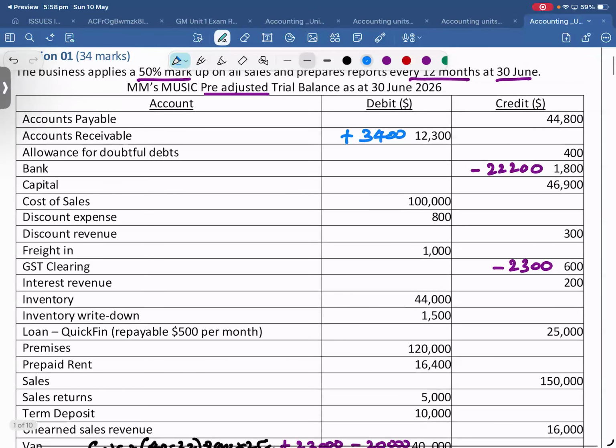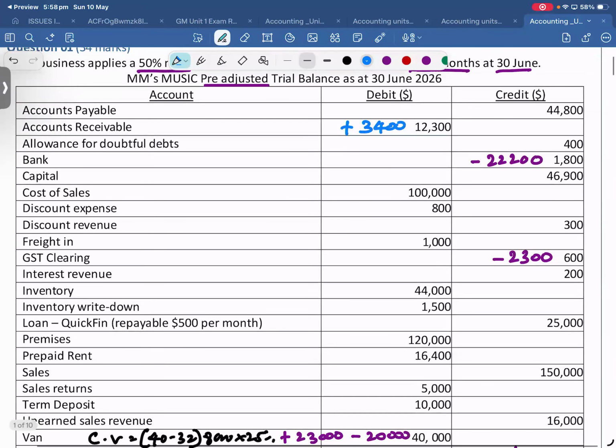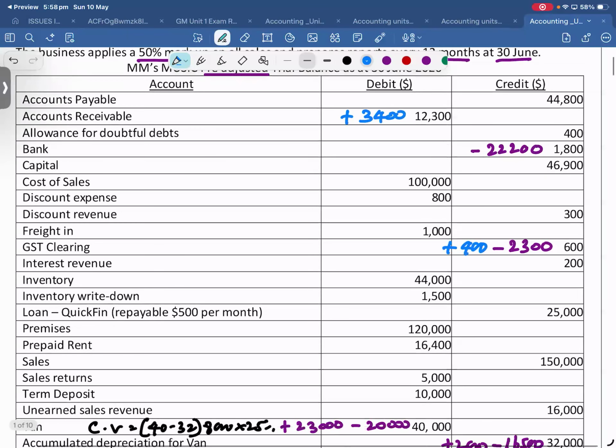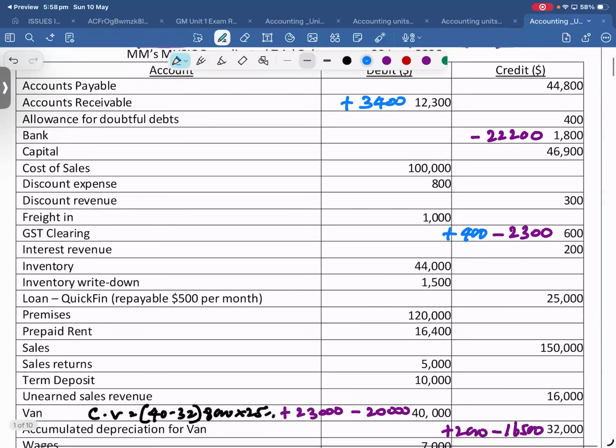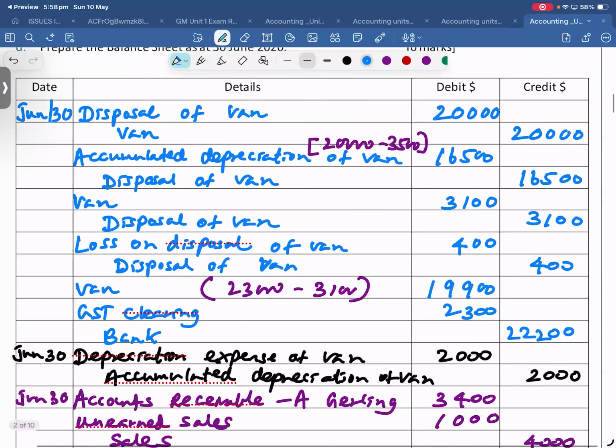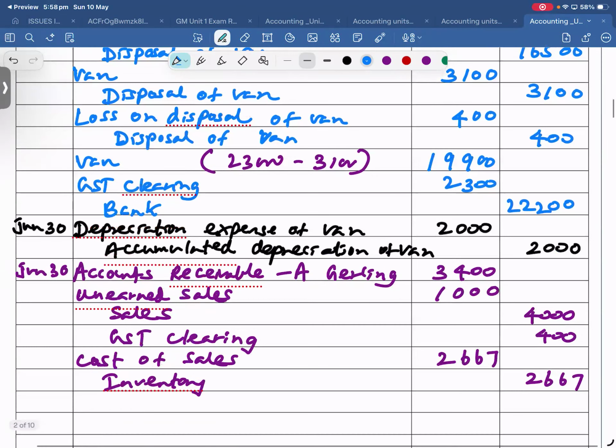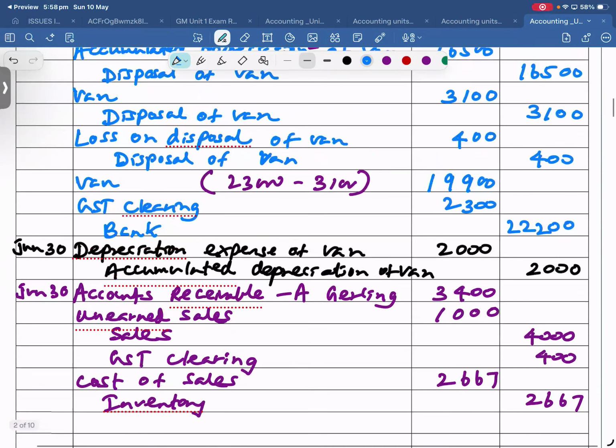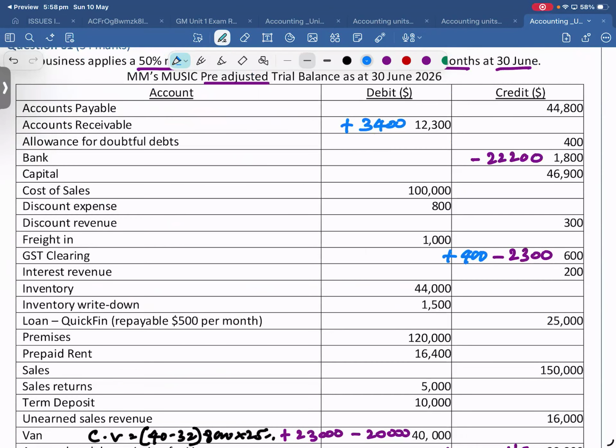And then GST plus 400, and then sales plus 4,000. Sorry, GST plus 400. Yep. Sales plus 4,000.